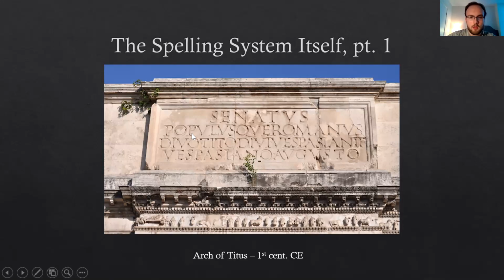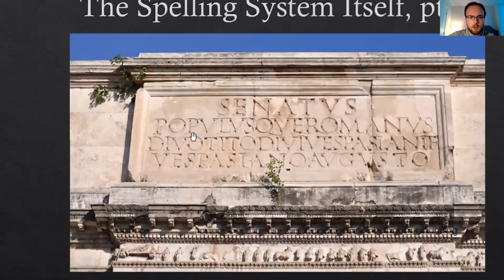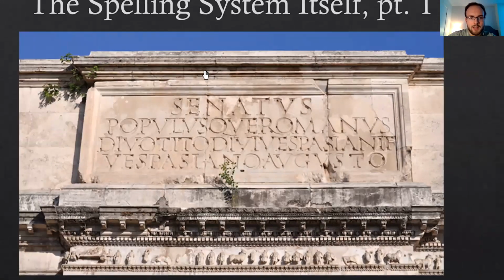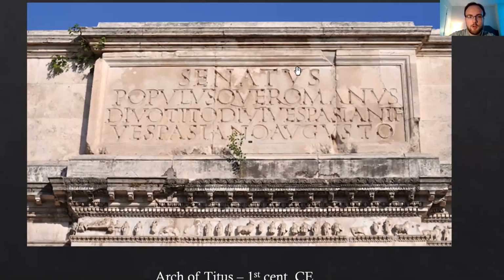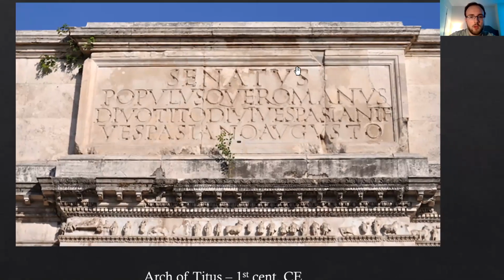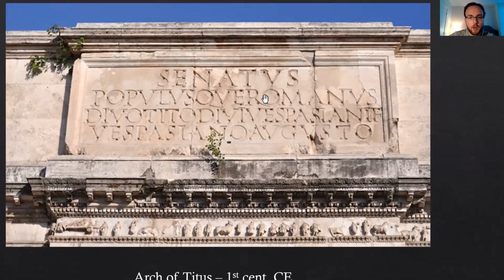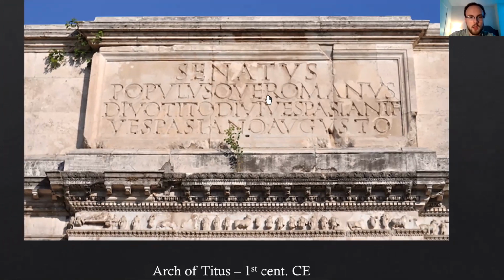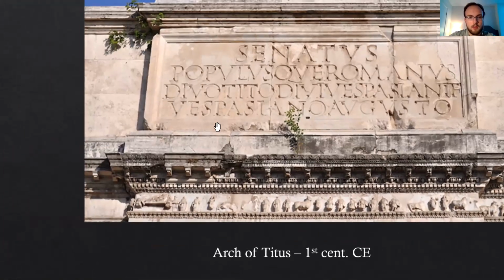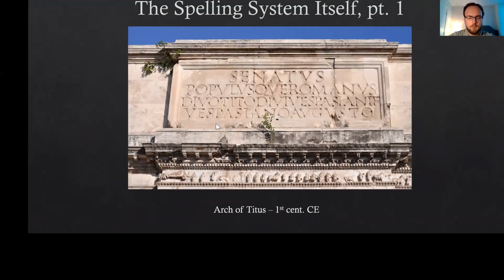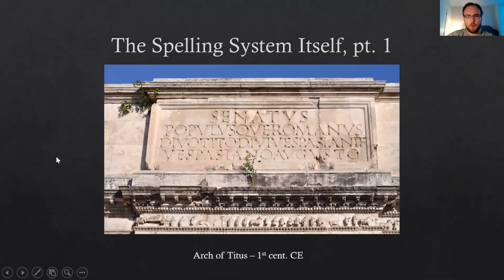Can I zoom in? I can zoom in a little bit. There we go. We can see an E, an A, and a U in the Senatus. We can even find an O right here in Romanos. We can even find an I right here in Divo. And if you look closely, you'll notice those are the only 5 vowels that you see in this inscription.